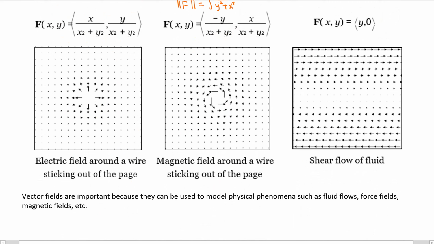Next example. This is an electric field around a wire sticking out of the page. Have you seen this picture in your other course? This is the electric field, and you can see that when the point is near the origin, our denominator is getting smaller, so the arrow is getting bigger.